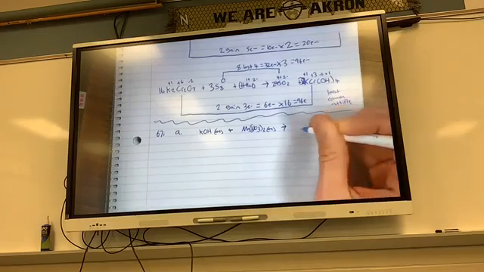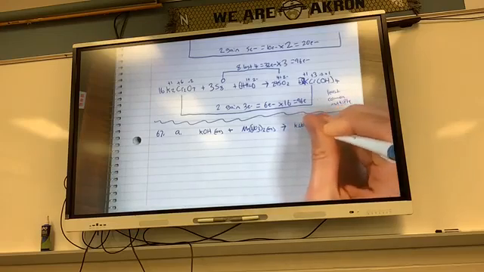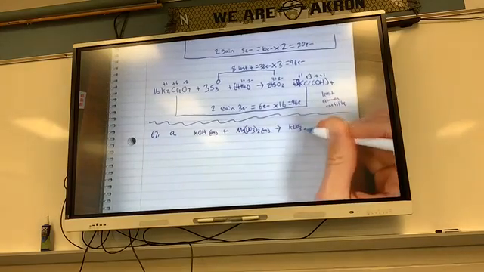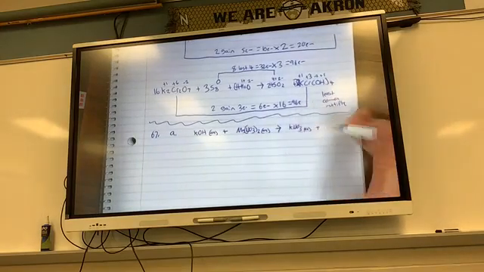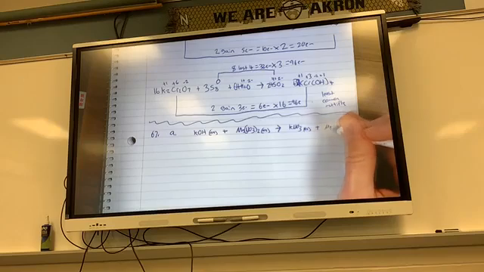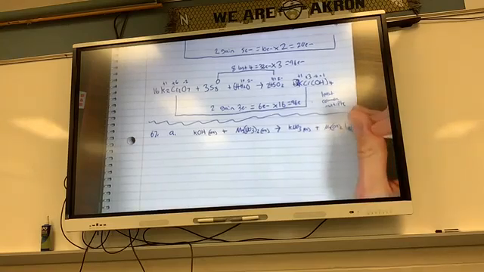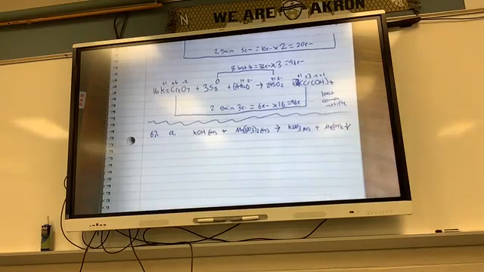That is going to give me KNO3, which we know that nitrate salts are aqueous, plus Mg(OH)2. And if you look at the back of your blue periodic table, it says hydroxides are not soluble, so that is your precipitate.